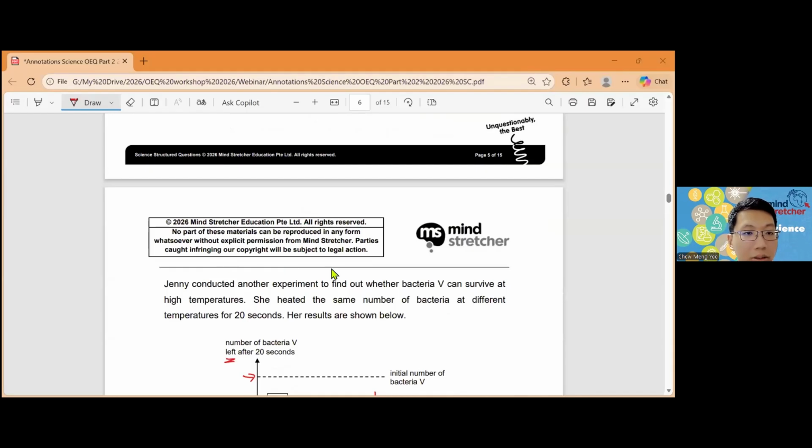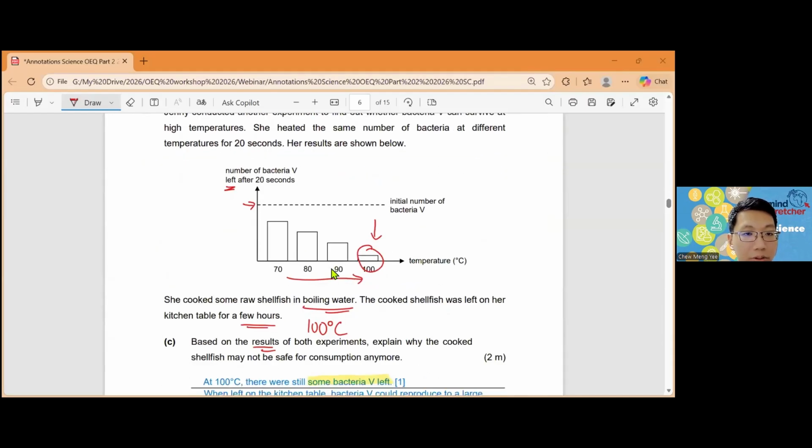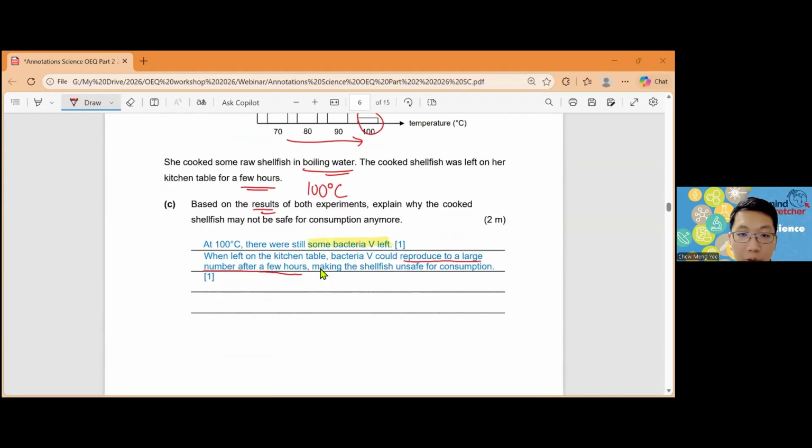For the previous question, do we need to specify the temperature of the shellfish decreases after leaving it? Which part do you not want to specify?